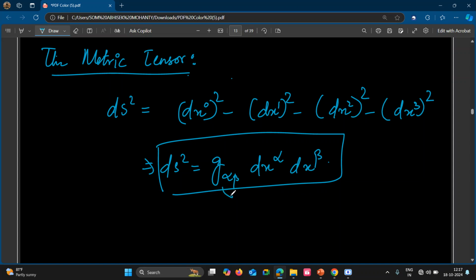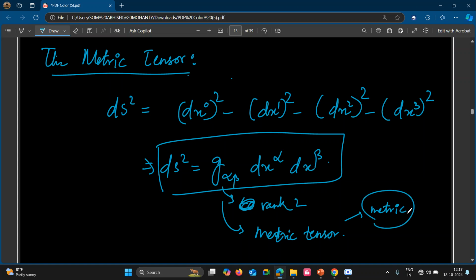This is a covariant tensor of rank 2, and it is known as the metric tensor. Sometimes it's also called simply the metric.